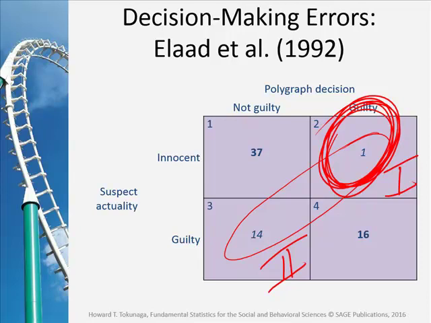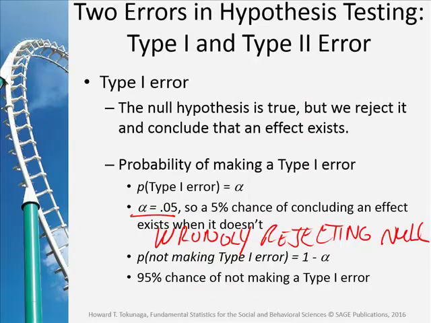So there's a benefit. If we set alpha too low, we have to think about it in terms of, well, what are we more likely not to do? So if we have a 5% chance of making a type 1 error, that means that we have a 95% chance of not making a type 1 error.